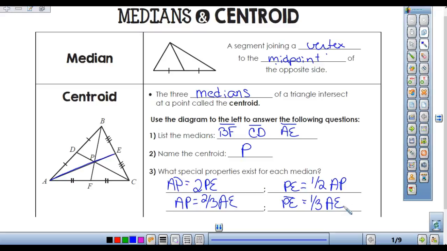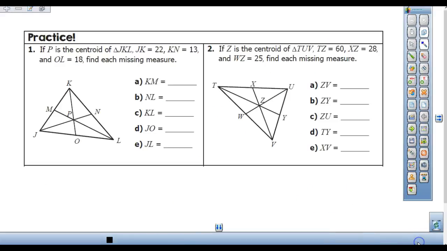It'll make a little more sense when we start going through it. It tells us JK is 22, so this whole thing is 22. KN is 13, and OL is 18. What do I know about M, O, and N?